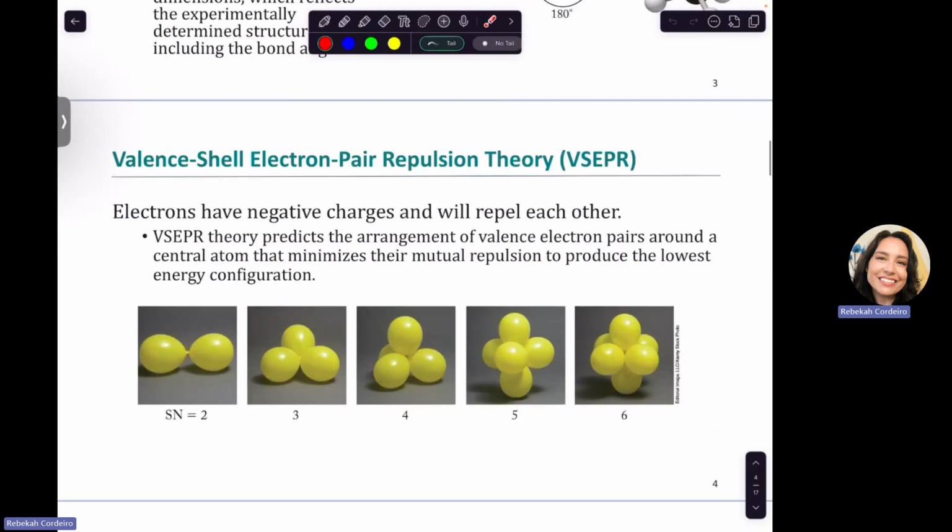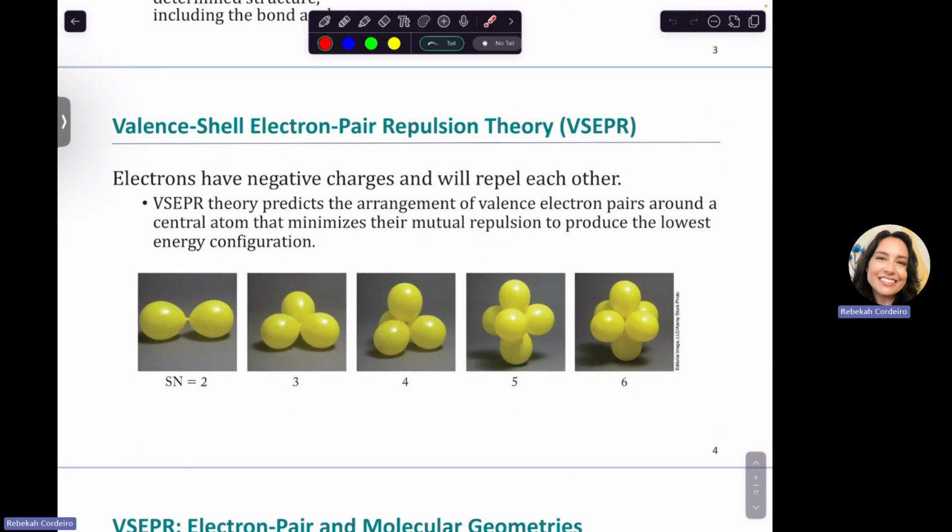And so where do we get this from? We get this from valence shell electron pair repulsion theory. I'm going to call this VSEPR. Electrons have negative charges, and so they repel each other. The VSEPR theory predicts that the electrons are going to be arranged around the central atom in a way that minimizes that repulsion. If we have two balloons, for example, the balloons are the areas of electrons, like orbitals.